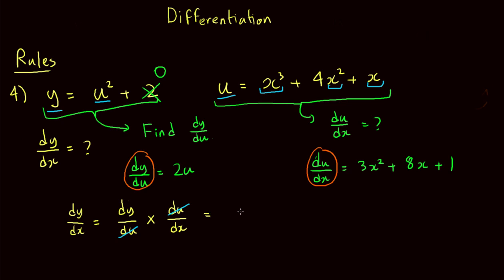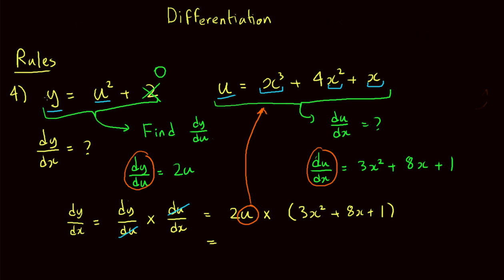And since we know dy/du is simply 2u times 3x squared plus 8x plus 1, we substitute this u with the relationship between u and x.